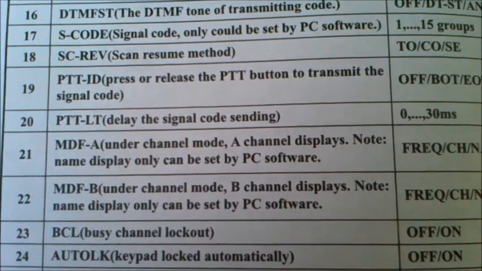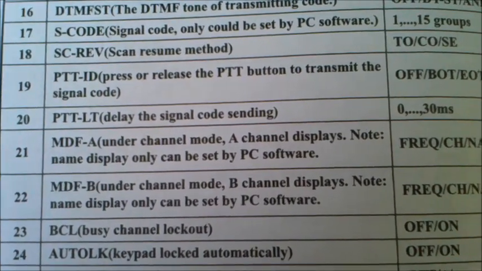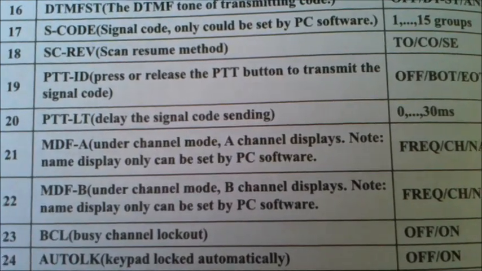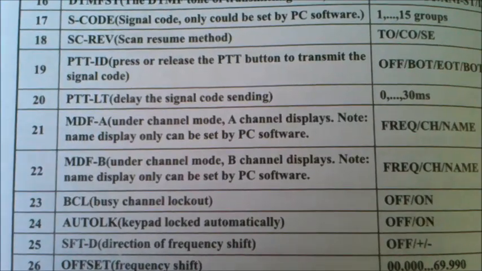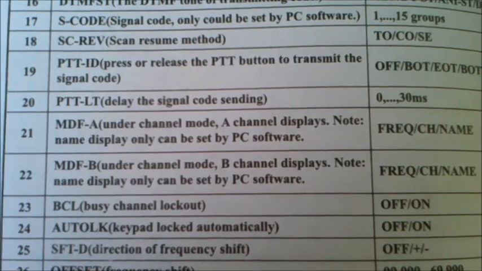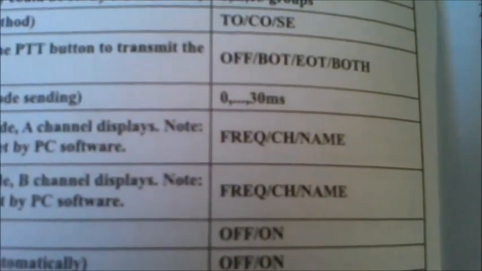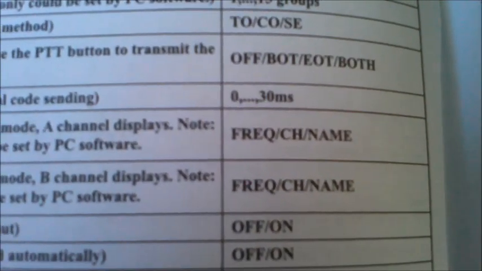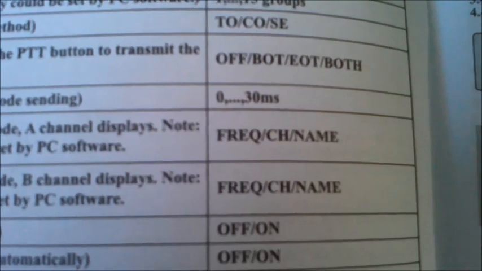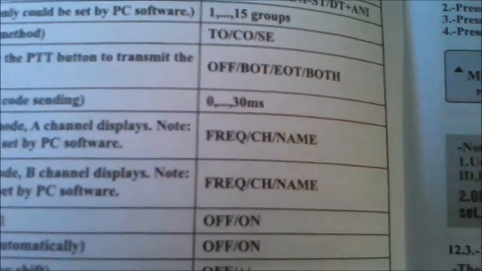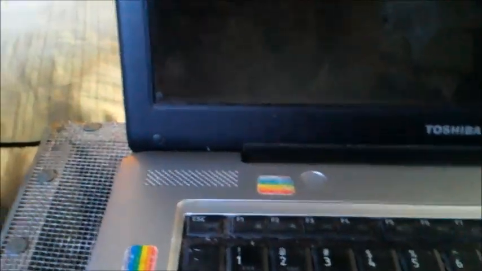The menus for 21 and 22 are for your display. You typically will want to have the name for the display. That way it's easy for you to recognize. Let's go in here back to CHIRP.